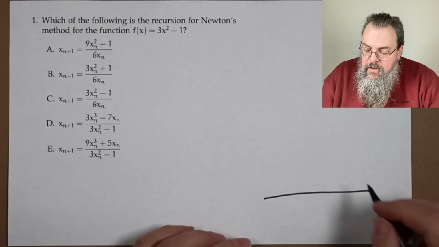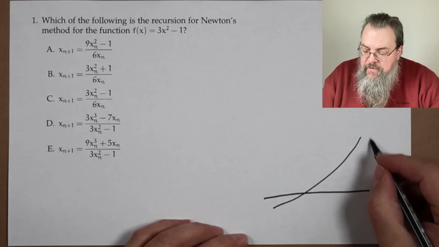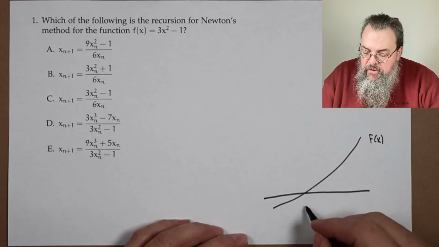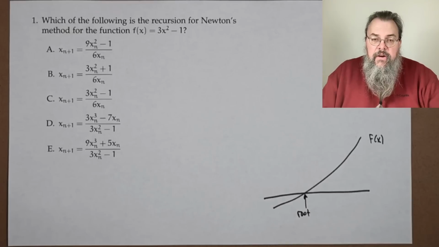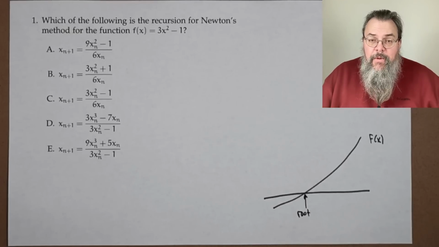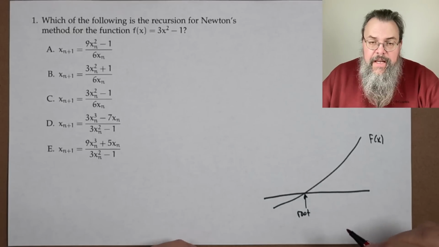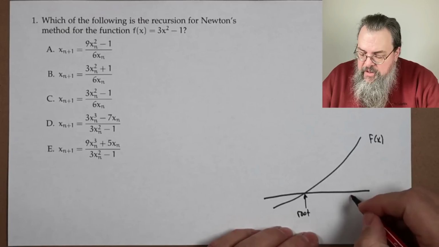So here is a function. We have our function f of x, and now our goal is to find the root. Now how does that work? Well, that turns out to be really hard, but what we can do is get estimates. We're trying to find an approximation, so here is our current guess.